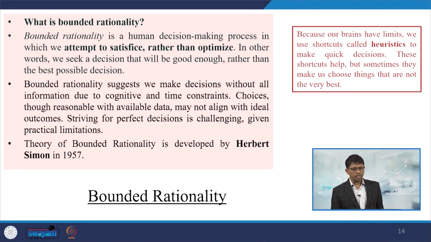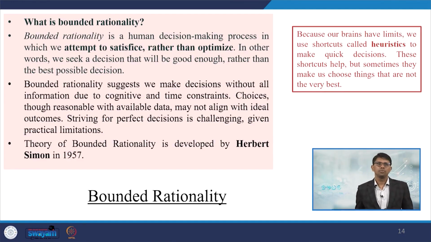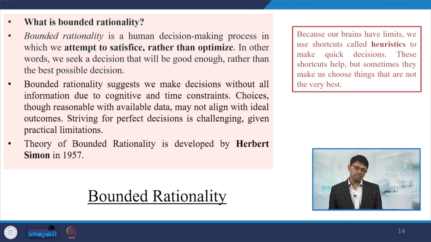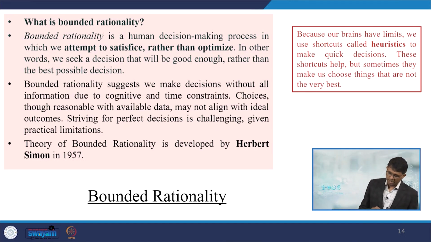This is a human decision making process in which we accept to satisfice rather than optimize. When the target is not the best or optimizing option, then the other option left with us, usually the case with consumers or in the choice function, is just to attain a level that satisfies us in our action.